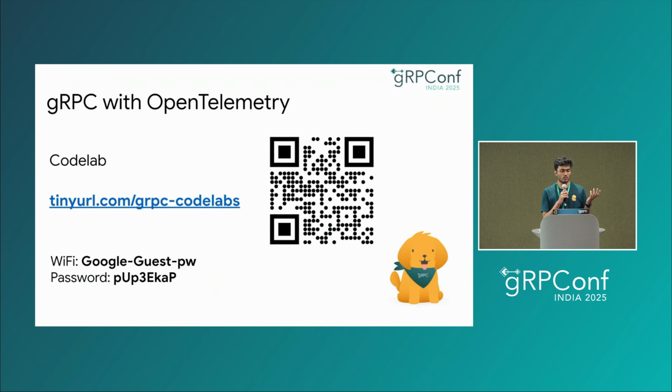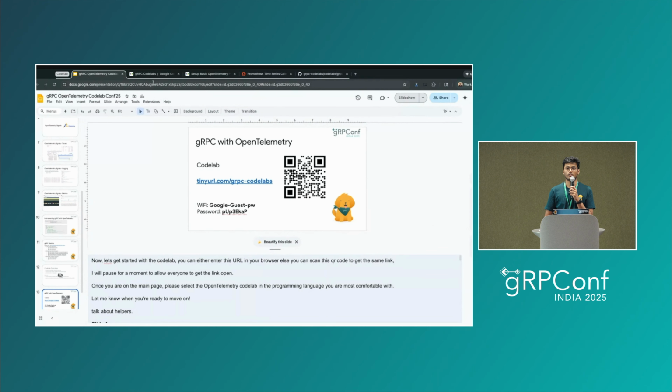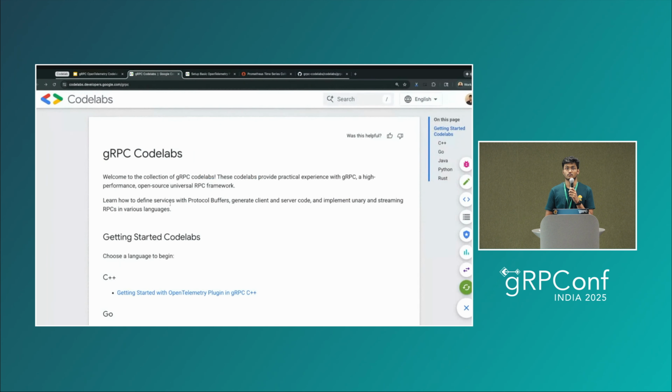Okay, so now let's get started with the codelab. You can either enter this URL in your favorite browser, or else you can scan this QR code to open the link. And here is the Wi-Fi and the password if you want to connect to the internet. Once you open the link, it will look like this.